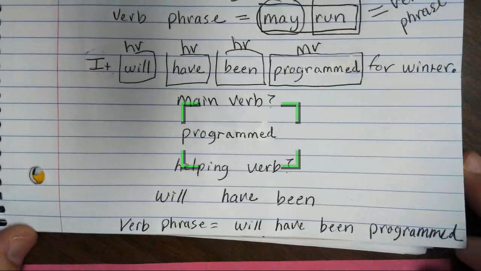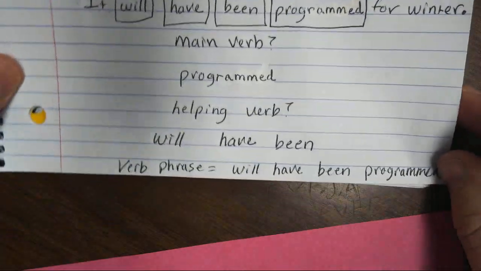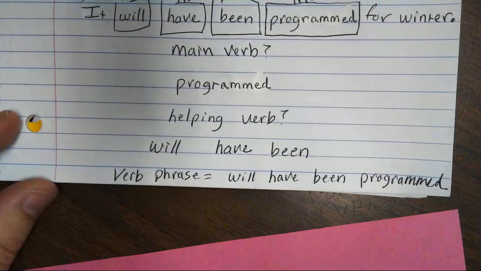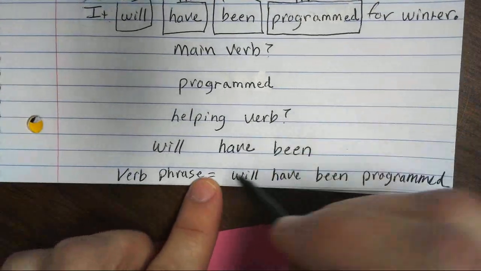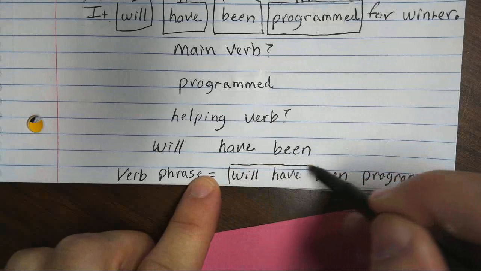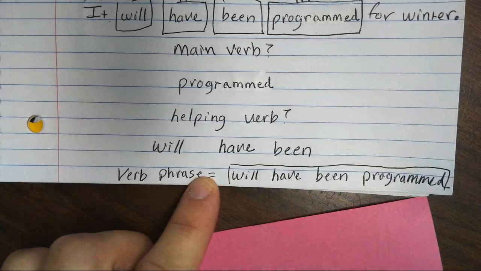Helping verb, helping verb, helping verb, main verb, and then together we have our verb phrase, which is will have been programmed, right? This is our entire verb phrase, all of this.